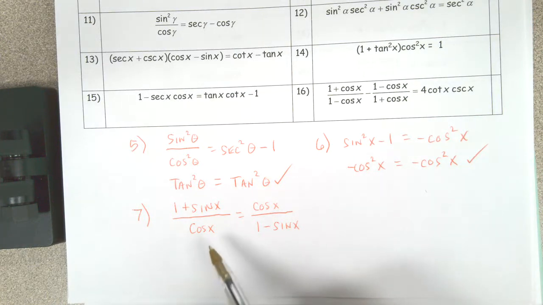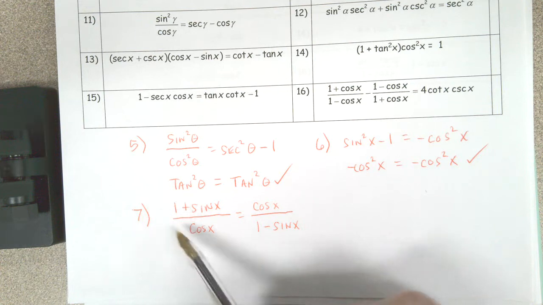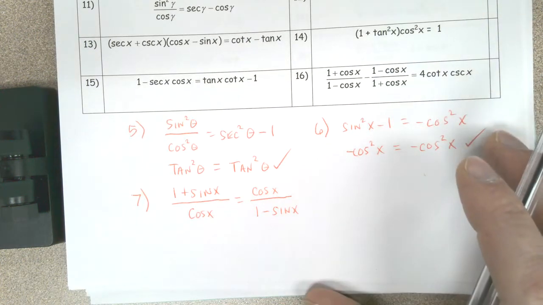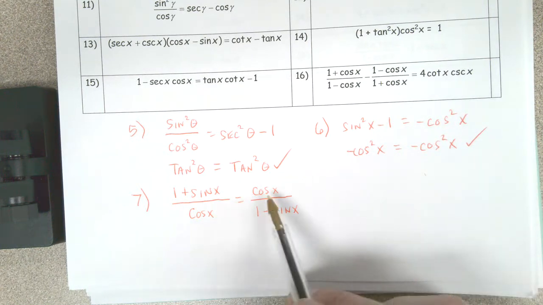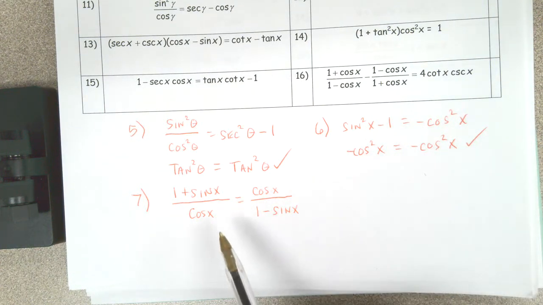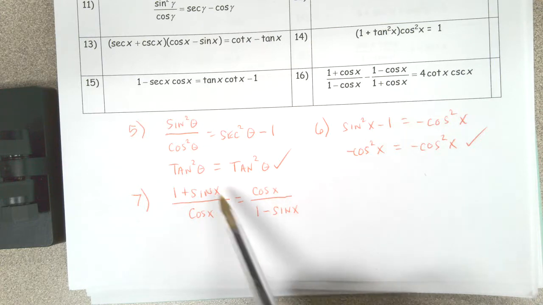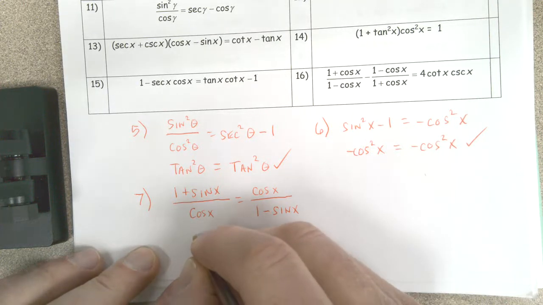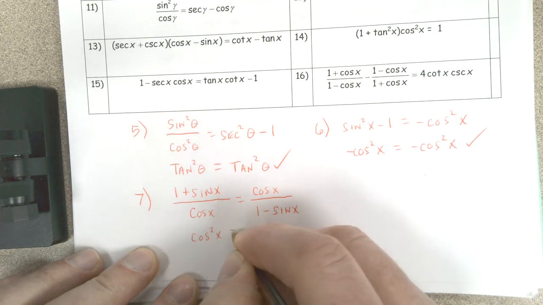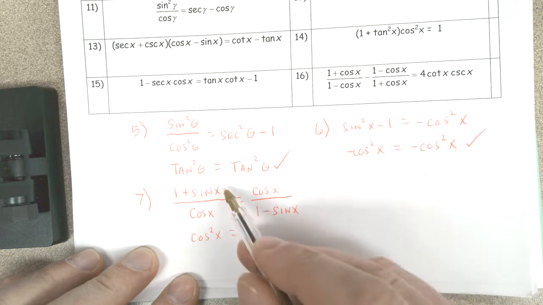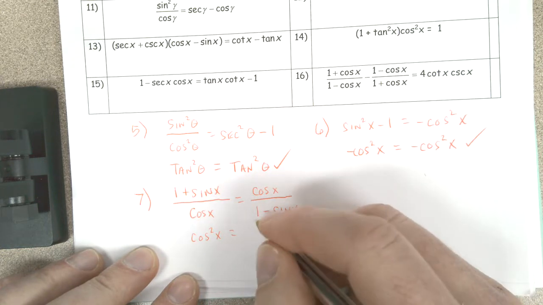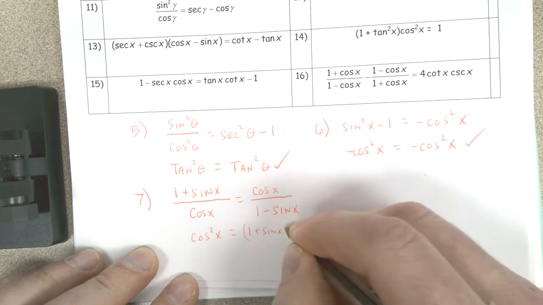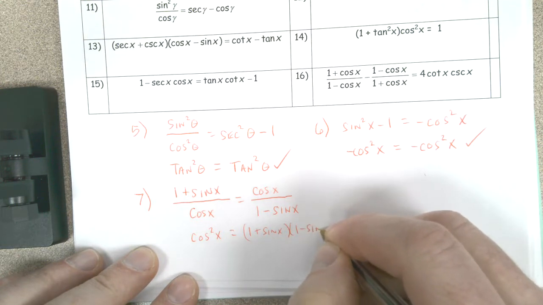As you look at this, the setup on this one is more like a proportion. If you think back to geometry class, one of the ways we can solve a proportion is simply by cross multiplying. If I cross multiply, it gets rid of my fractions. I get cosine squared x, and from the other cross multiplication I get 1 plus sine x times 1 minus sine x.